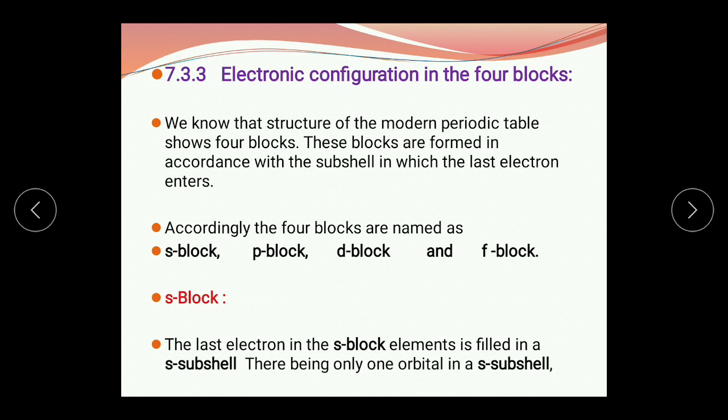The s subshell has only one orientation. It is spherical in shape. It has only one orbital, we can say. An orbital can accommodate a maximum of 2 electrons. Hence, there are only 2 groups in the s block, because s has the capacity to accommodate 2 electrons only. Hence, there are 2 groups, first and second, in the s block.